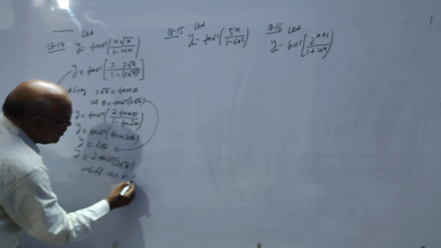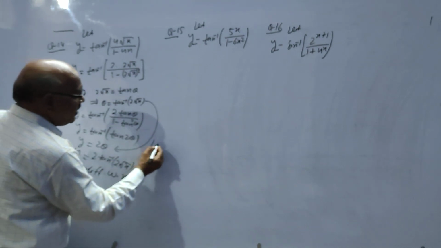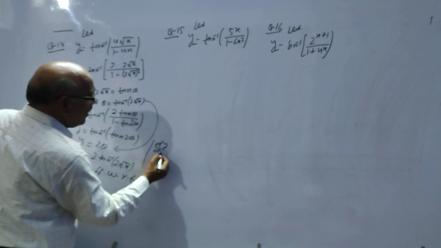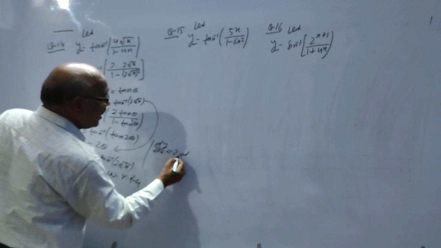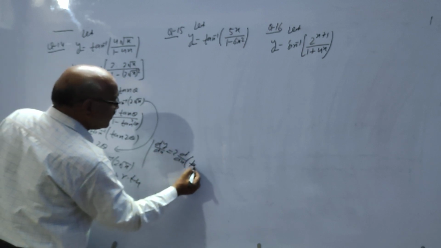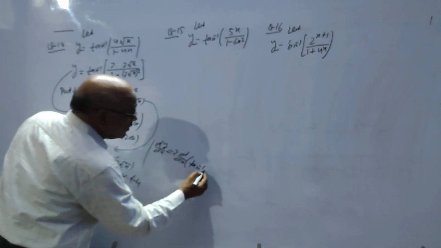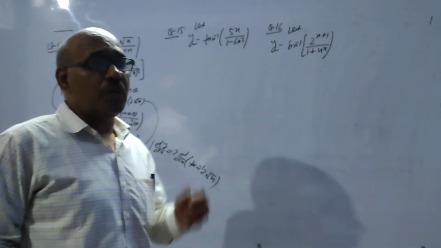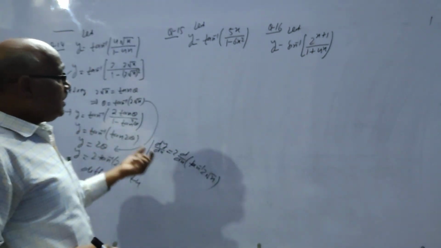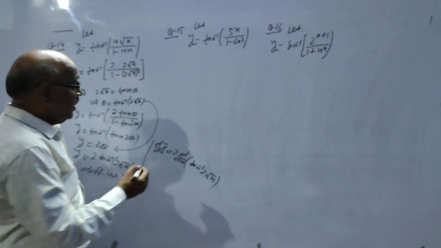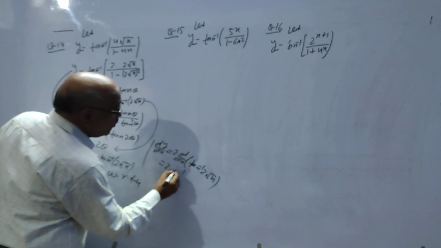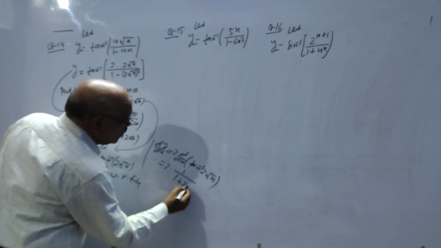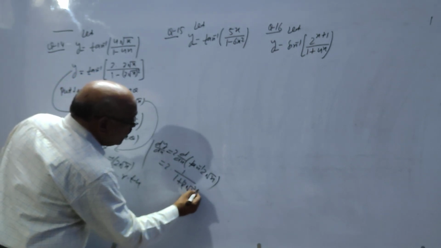Differentiating with respect to x, we have dy over dx is equal to 2 times d over dx of tan inverse 2 under root x. You know differentiation of tan inverse x is 1 upon 1 plus x square. In place of x it is 2 root x. So that is equal to 2 into 1 upon 1 plus 2 under root x to whole square.